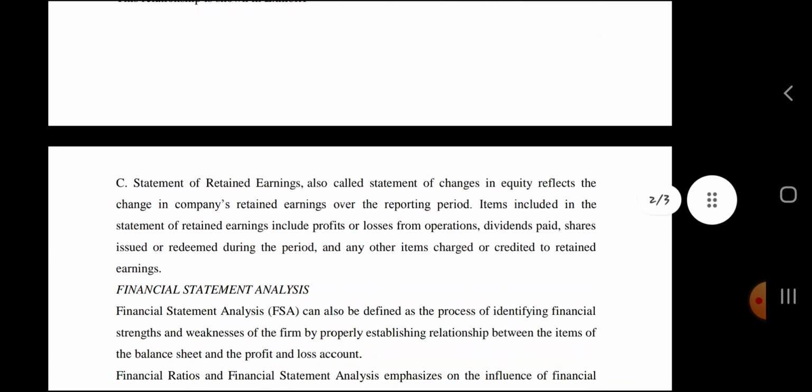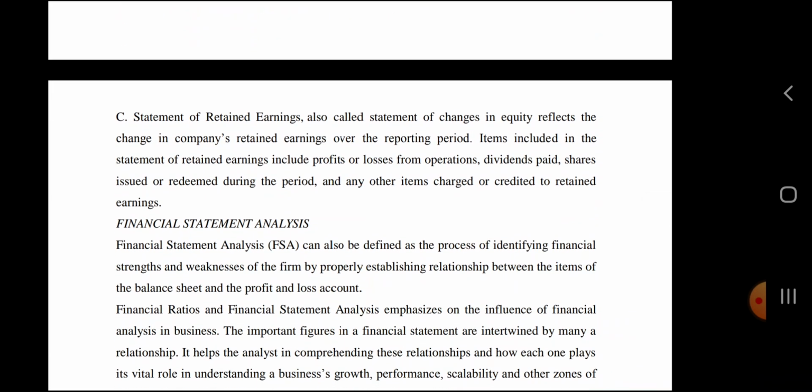Then third one is the statement of retained earnings. Retained earning is also called the statement of changes in equity, reflecting the changes in company's retained earnings. Okay, and it includes items such as profit or loss from operational activities, then dividends paid to the shareholders, then shares issued or shares redeemed during the year.